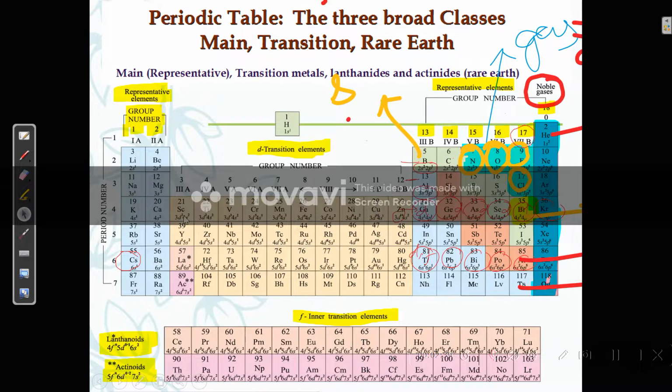Okay. So in transition elements, group 3, group 4, group 5, group 6, group 7, group 8, group 9, group 10, group 11. Up to these groups, elements are called transition.